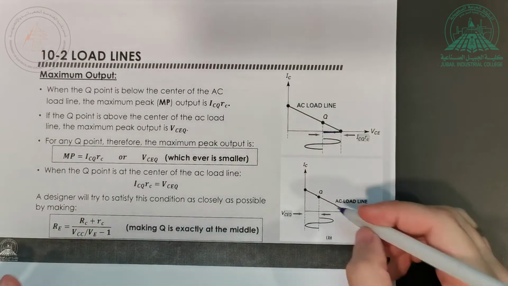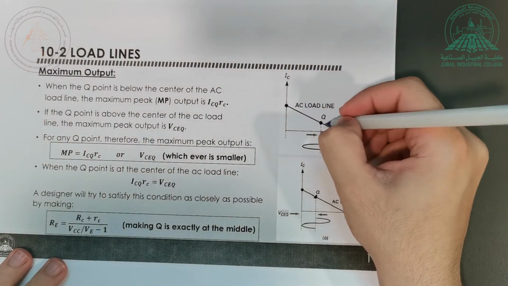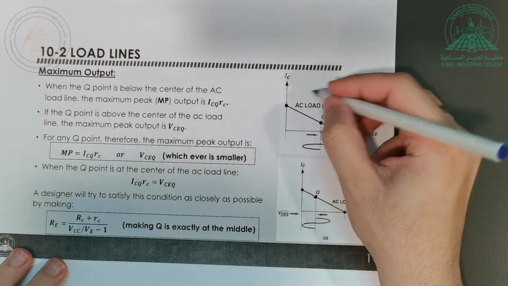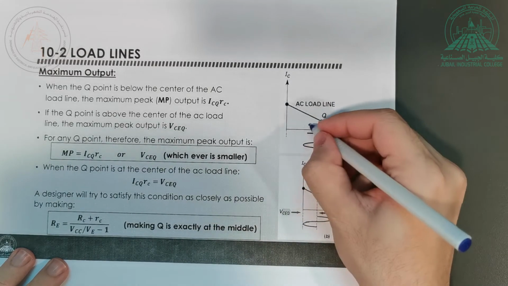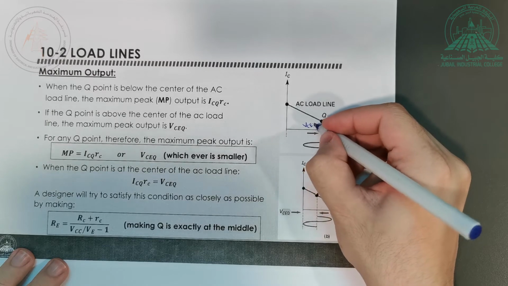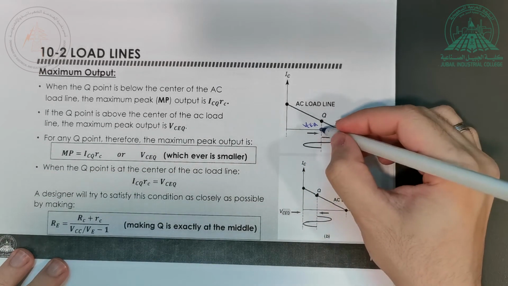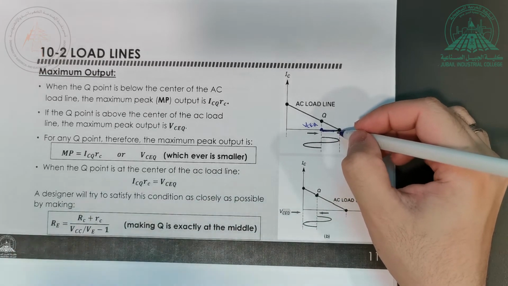Okay, how about if the signal is on the left here? Nice. Of course, which load line are we talking about here? This is the AC load line. This point is VCEQ, right? VCEQ, this point. Now what is the end here? Remember, it is the end from the relationship that we developed.